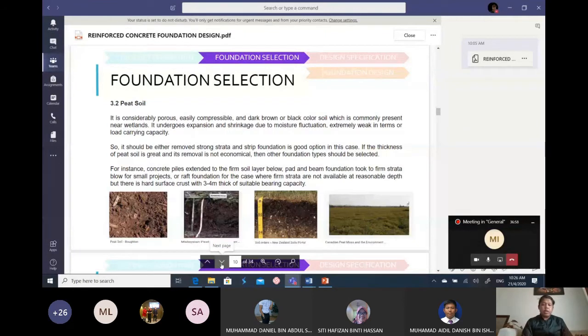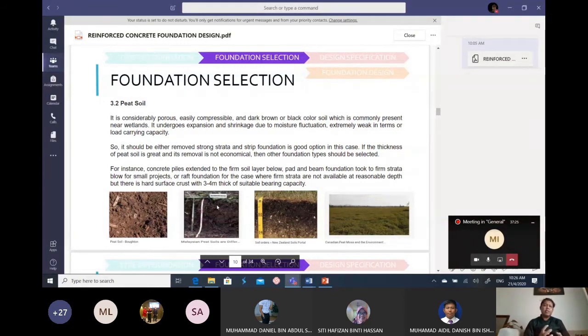Next is peat soil. Peat soil is, if I'm not mistaken, like tanah gambut. It is considerably porous, easily compressible, and dark brown or black in color, and is commonly present near wetland. It undergoes expansion and shrinkage due to moisture fluctuation, so it is extremely weak in terms of load carrying capacity.